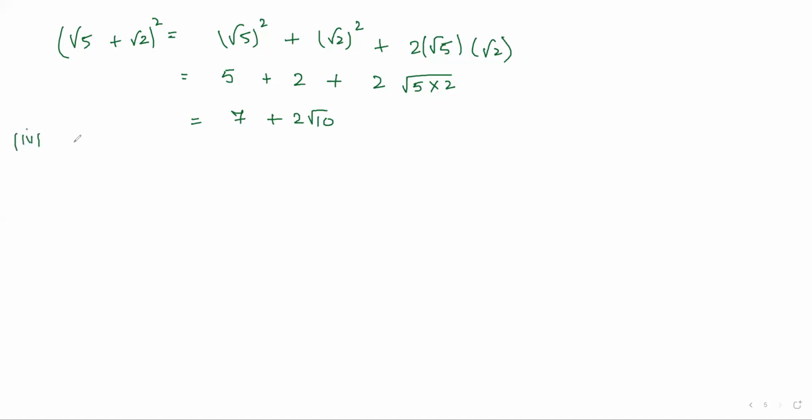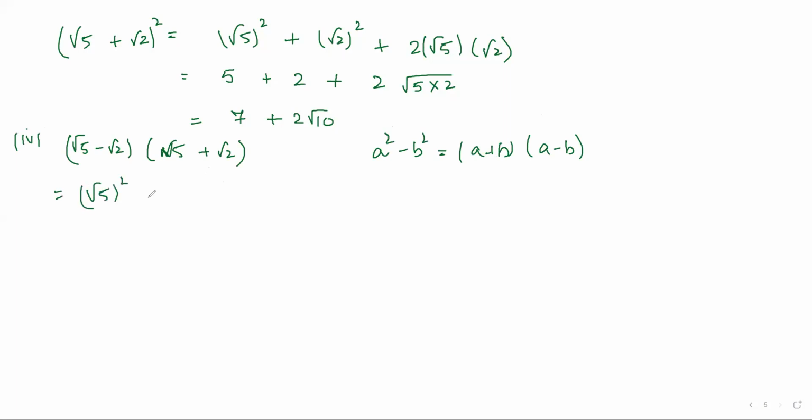Now the fourth part is under root 5 minus under root 2 and under root 5 plus under root 2. Again, it is a minus b into a plus b, right? So I can simply use this identity. I can directly write under root 5 whole square minus b square, that means under root 2 whole square.